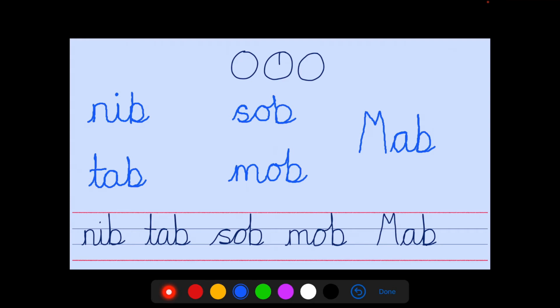And if we were talking about something that belonged to Mab, apostrophe S, as again, there is a space for that apostrophe that lets us know we are writing about something that belongs to Mab, maybe her fairies.